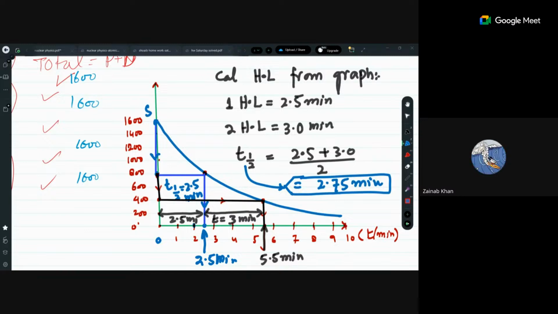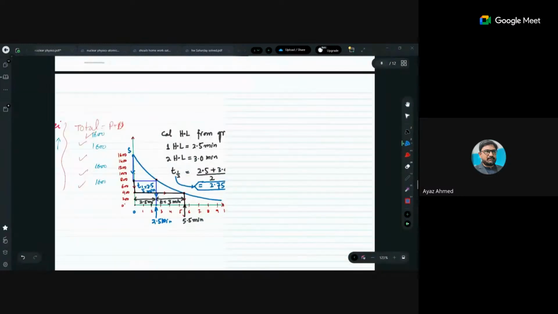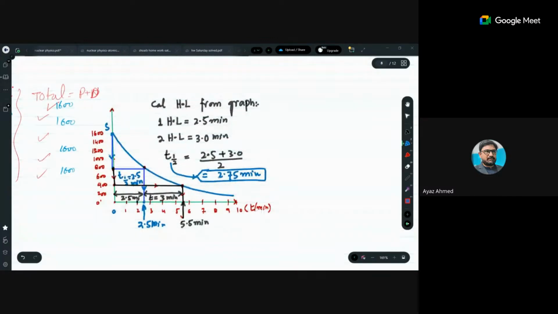So this is basically the average half life, or you can simply say that I have taken average, just to make my answer more accurate. तो इस method से आप क्या करोगे? You will use this graph to find the half life. Anything unclear till this point?